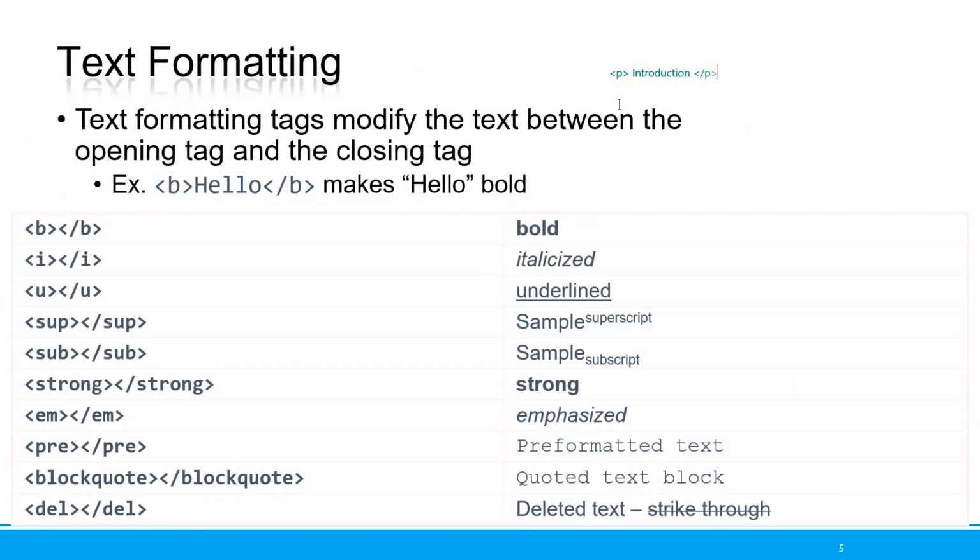Basically, P is the normal text, but you can modify the text with some kind of format, like bold. Bold uses B, italicize uses I, and underline uses U. Superscript uses SUP, and subscript uses SUB.